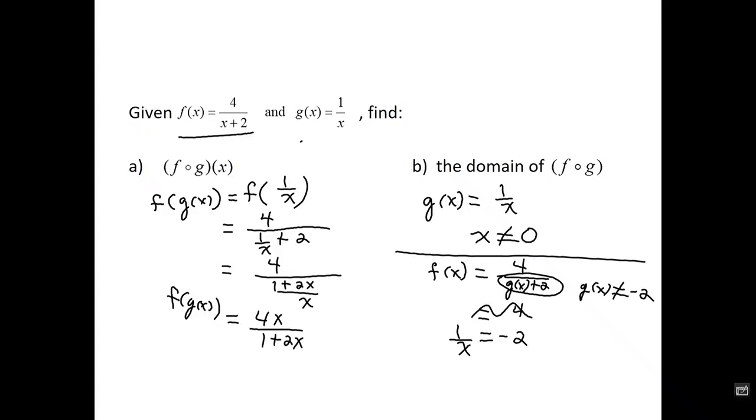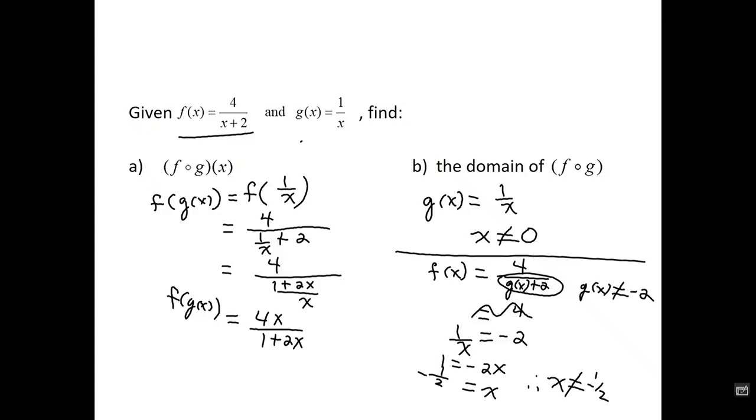So let's solve this. So I have 1 is equal to minus 2x, so therefore x is equal to a negative 1 over 2. So when x is a negative 1 over 2, I know that I'm dividing by 0, so therefore, in this case, x cannot be a negative 1/2.